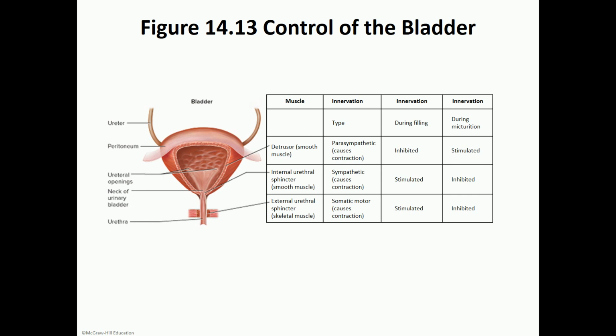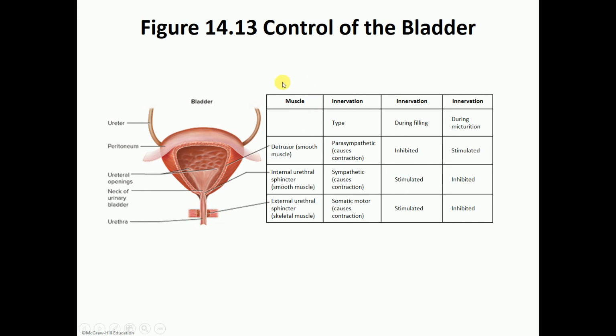So you can see here the bladder with the detrusor muscle. You can see that this is where the internal urethral sphincter is, which is pretty much where the bladder meets the urethra. That again is our smooth muscle fibers under the autonomic nervous system control, while the external sphincter, those are skeletal muscle fibers, and those are under the somatic control.